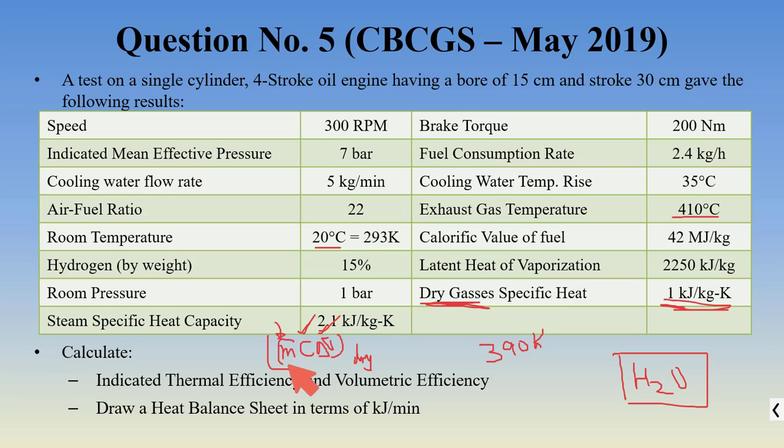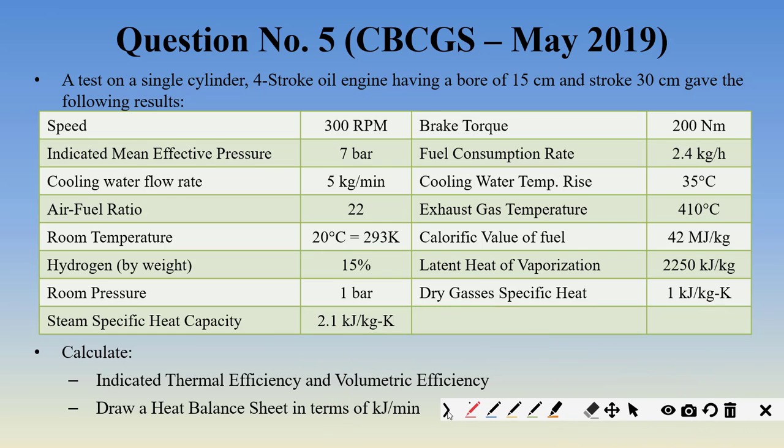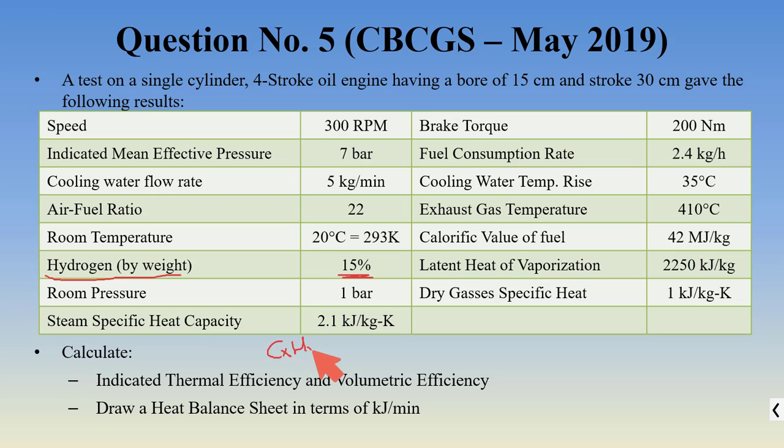How are we going to find the mass of dry gases? Well, to find the mass of dry gases, they have given us some information. What is the information they have given us? That hydrogen is 15% of the fuel, right? Any fuel is made up of CxHy, right? This is our fuel.